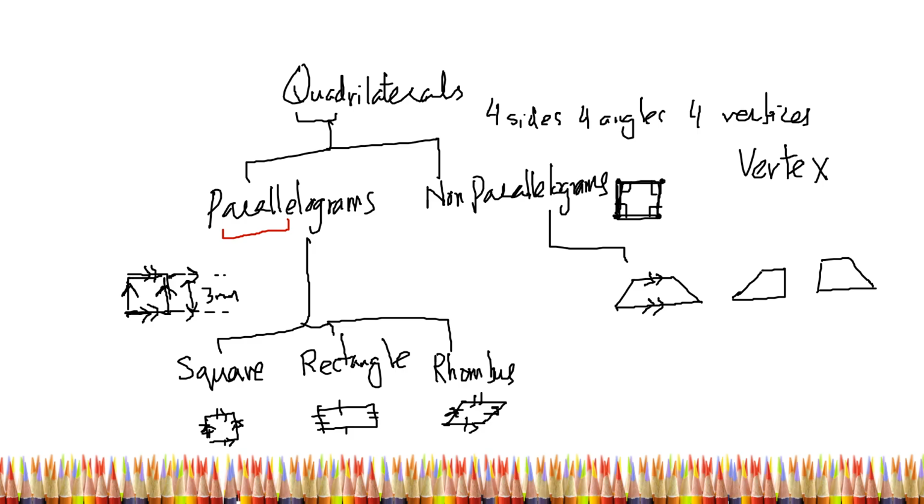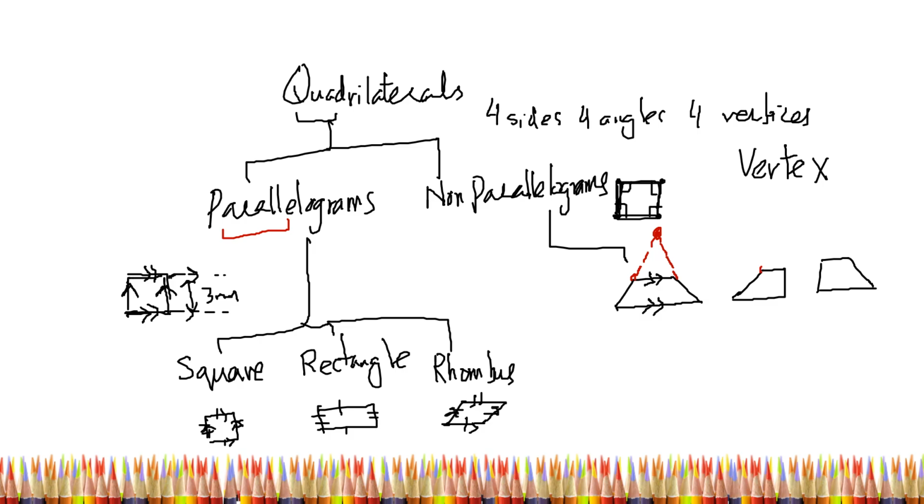But the problem is the next side. For example, if you talk about this one, if you extend this side, it is not parallel, which makes it a non-parallelogram, because in parallelogram we discussed that both the opposite sides must be parallel. But in this case one side is, but the other side is not parallel.